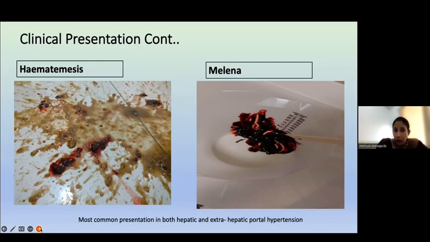Out of all, this would be the most common presentation in both hepatic and extrahepatic portal hypertension. Irrespective of the liver pathology, even without a liver pathology like prehepatic, this could be the most common presentation in children.